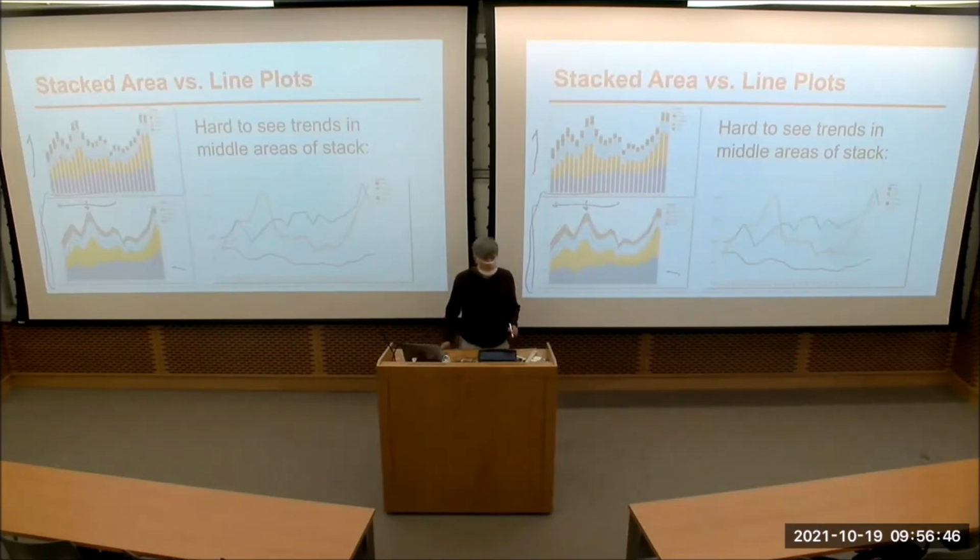You can tell for the dark blue that rifle sales have been going up. It's easy to tell that the rifles have been going up. But when you look at one of the higher layers, the ups and downs are as much a function of the stuff below it as of the stuff itself.